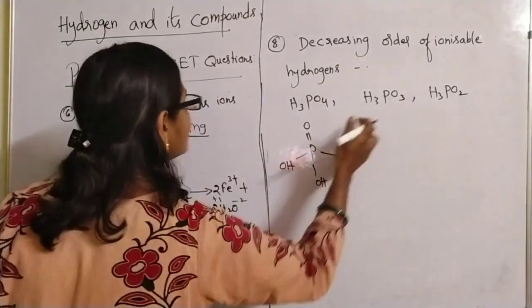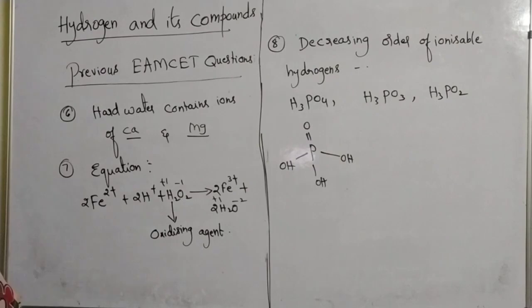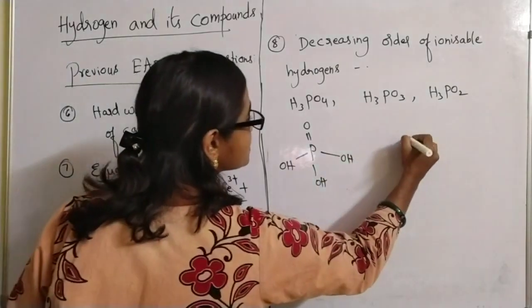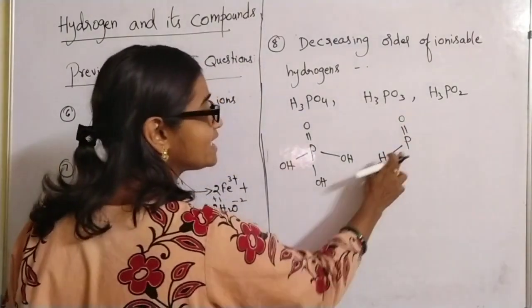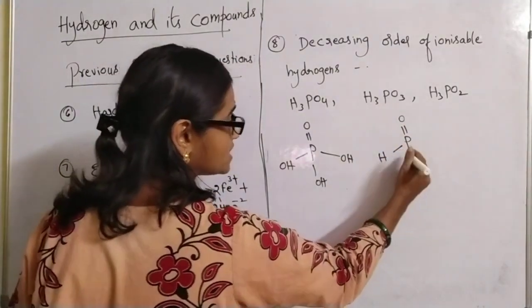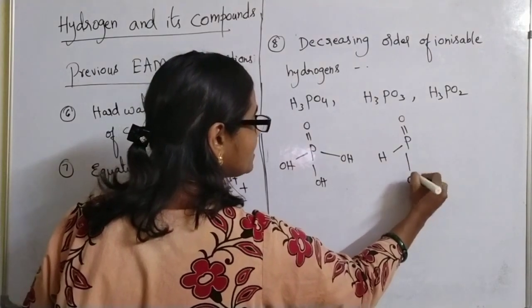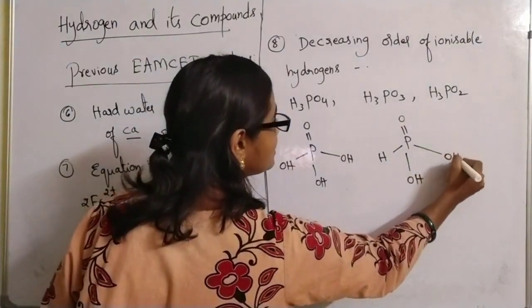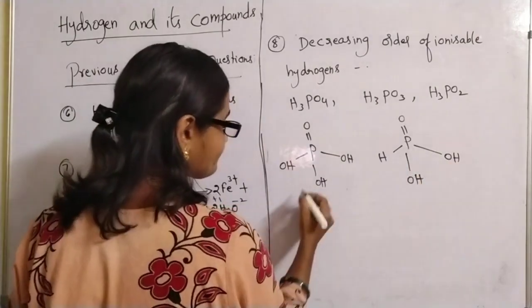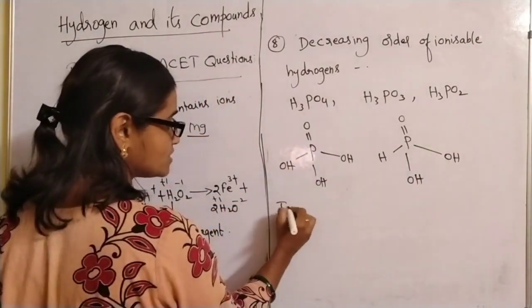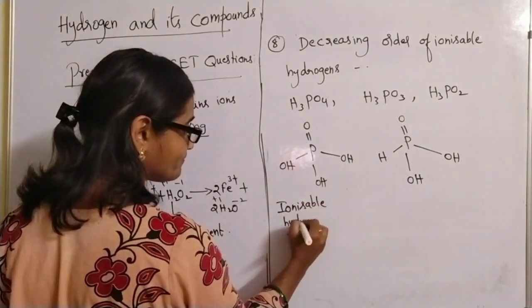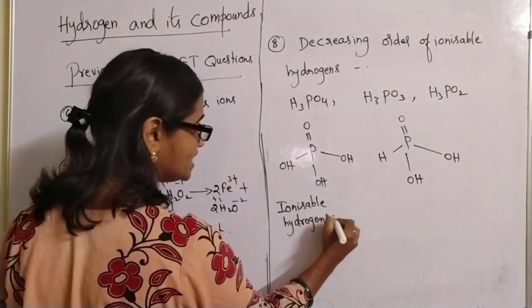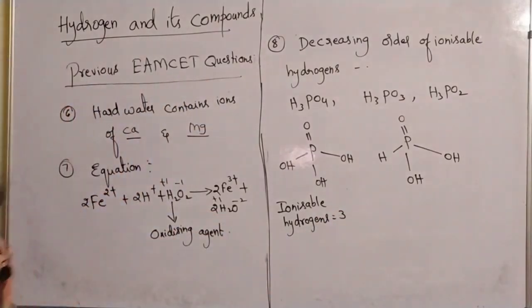If you go for H3PO3, what will be the structure? Look at this H3PO3 structure, P double bond O. Here one H is directly connected to the central atom phosphorus, and the remaining 2 hydrogens are connected with the oxygens. So ionizable hydrogens here are only 2.